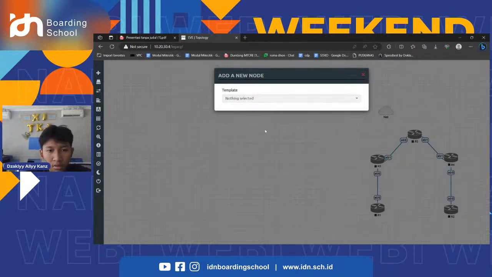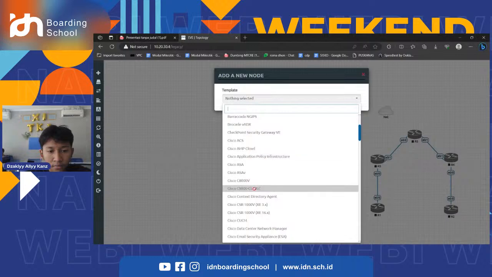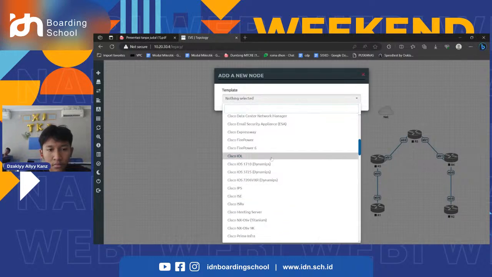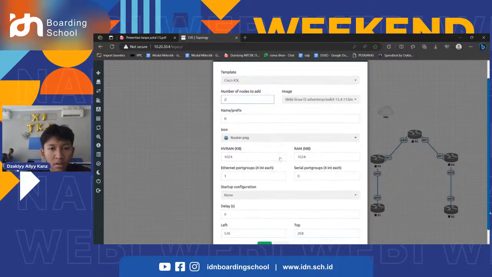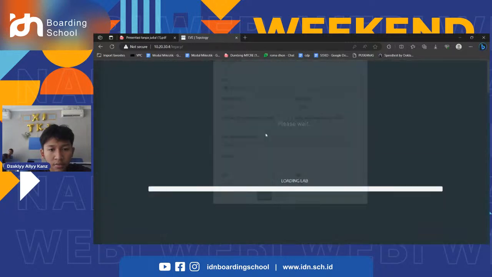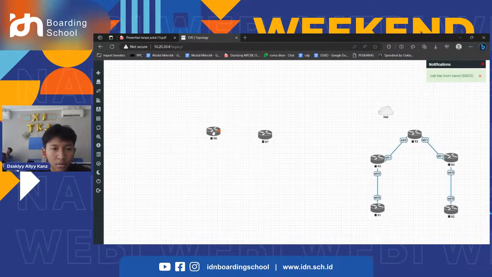Okay, that is Cisco IOL. The number of nodes I will set to two because I need to establish a BGP relationship. Okay, and then I will save. I will start the routers.